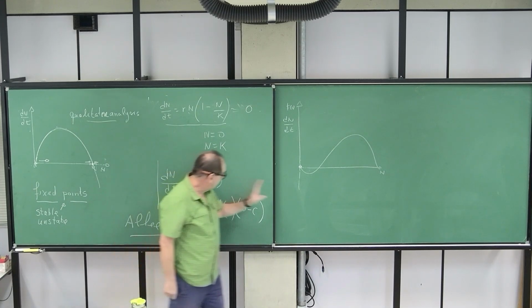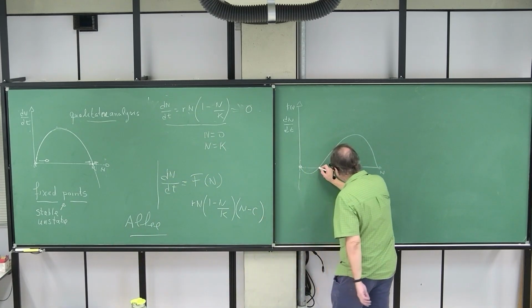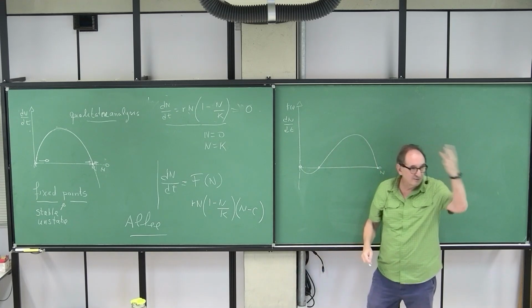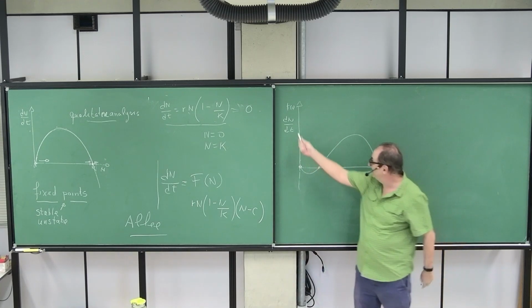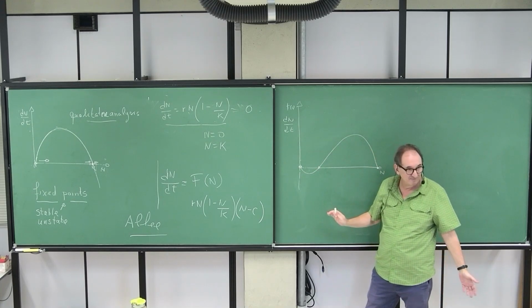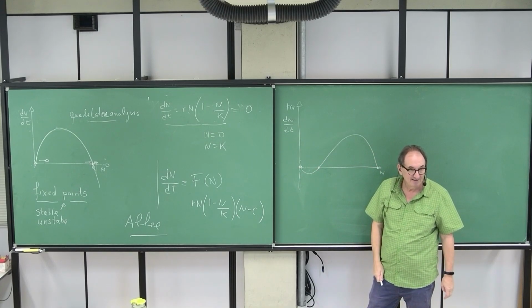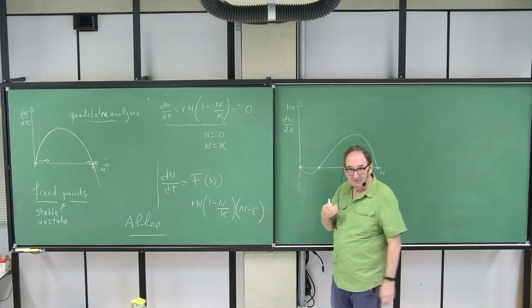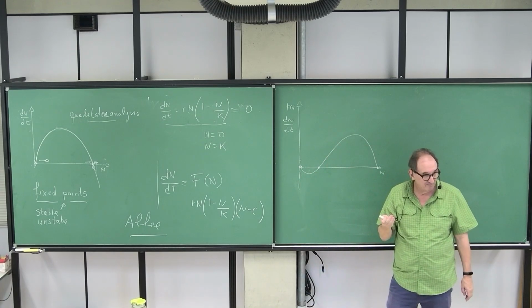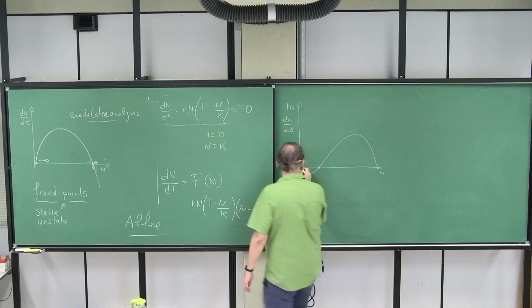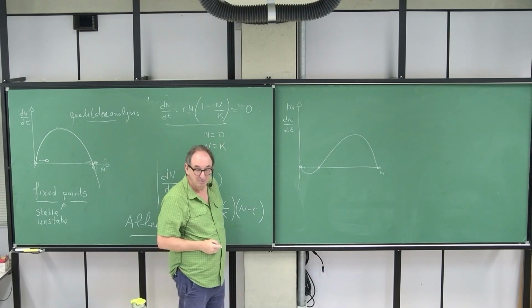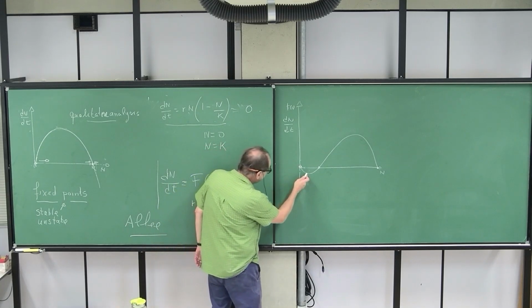Let's now think about it. Here we have 3 points where dN/dt is equal to 0. Agree? Here's the fixed point, which is the 0. Now, I introduce a small perturbation here. What will happen? The derivative is negative.